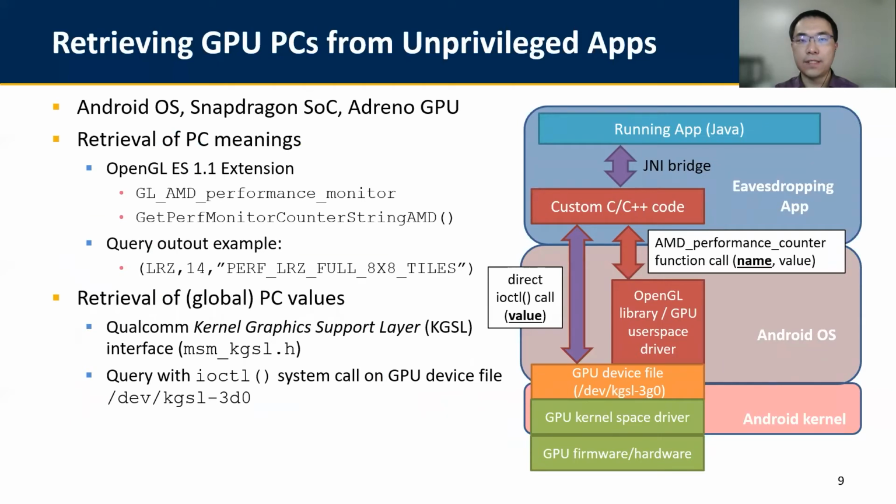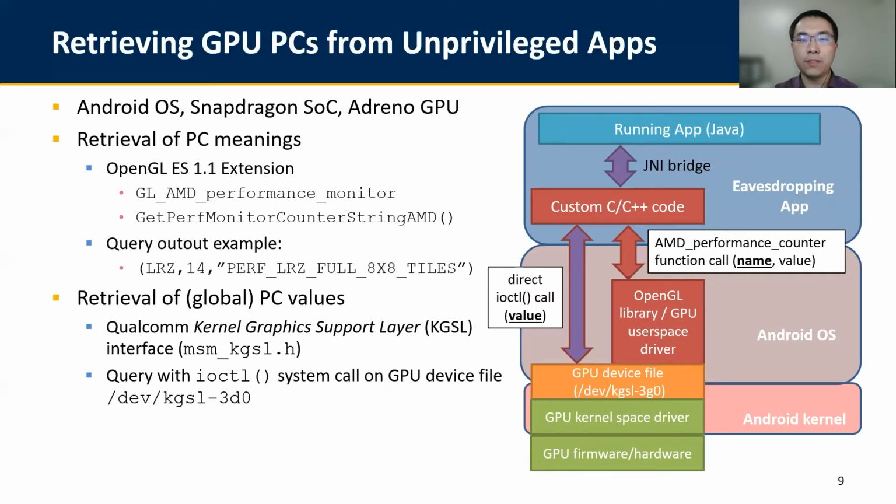Our research focused on mobile devices with Qualcomm Snapdragon SoC being used on Android devices. On this platform, the name of all available GPU PCs can be queried using GL-AMD performance monitor extension from OpenGL-ES graphics API. Based on this name string, the functionality of each GPU PC can be roughly guessed.